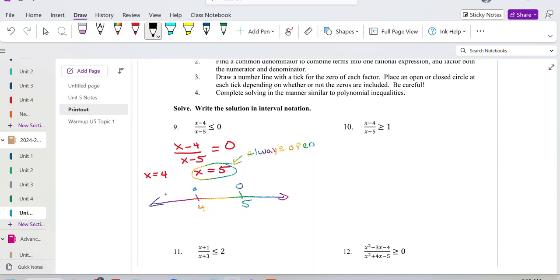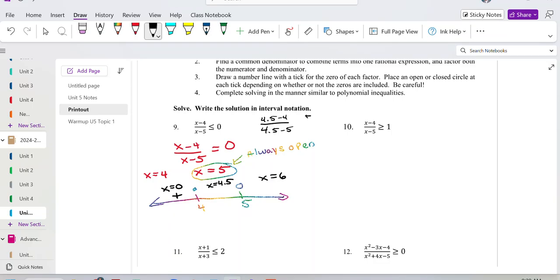Now, let's pick numbers. So a number less than 4 is like 0, 4.5, and then 6. So now, if we put 6 or 0 in, we get negative over negative, which is positive. 4.5, so 4.5 minus 4 over 4.5 minus 5.